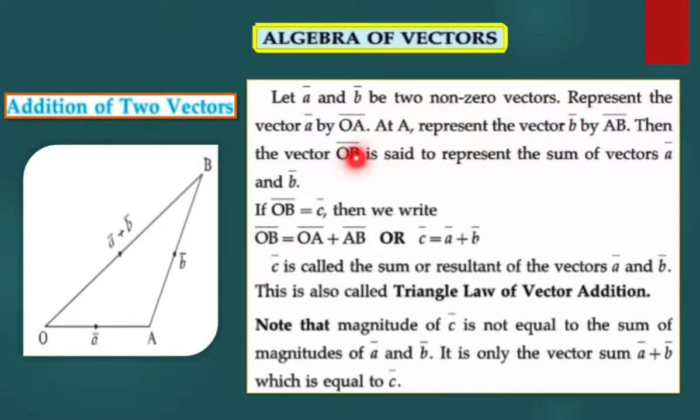Represent the vector a bar by OA bar, and represent the vector b bar by AB bar at A. You always observe the arrow of this vector. Then the vector OB bar is said to represent the sum of a bar and b bar.